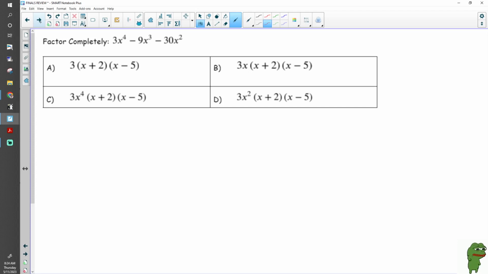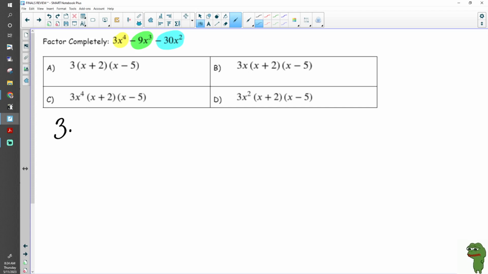When I look at my polynomial, I see 1, 2, 3 terms. When I see a 3-term polynomial and the problem asks me to factor it, your chances of X method are probably very, very high. You probably will be using the X method, which is exactly what we're going to do.